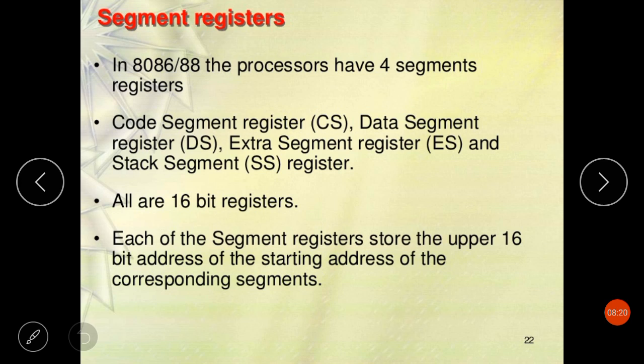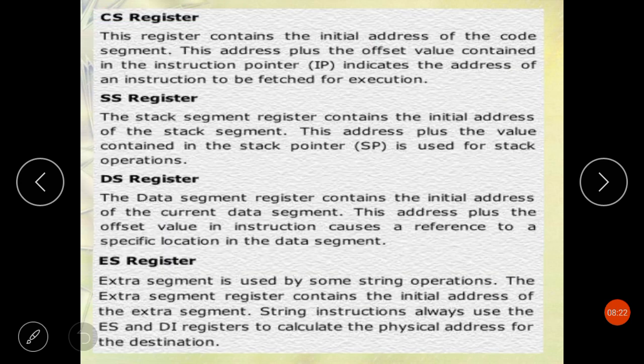The various functions of segment registers are as follows. The code segment register holds the upper 16 bits of the starting address of the code segment from which the bus interface unit is currently fetching the instruction code bytes.